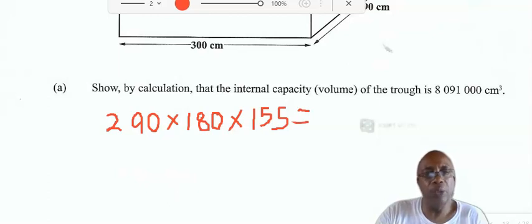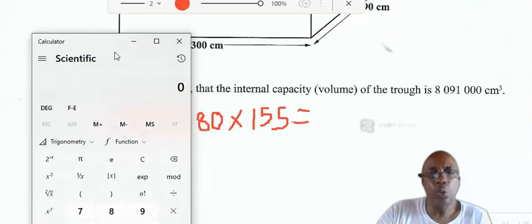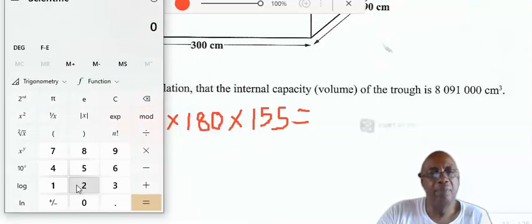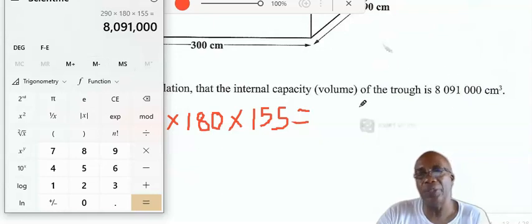So I will get my calculator. We multiply 290 times 180 times 155, and we get 8,091,000, which is what we have here, 8,091,000.